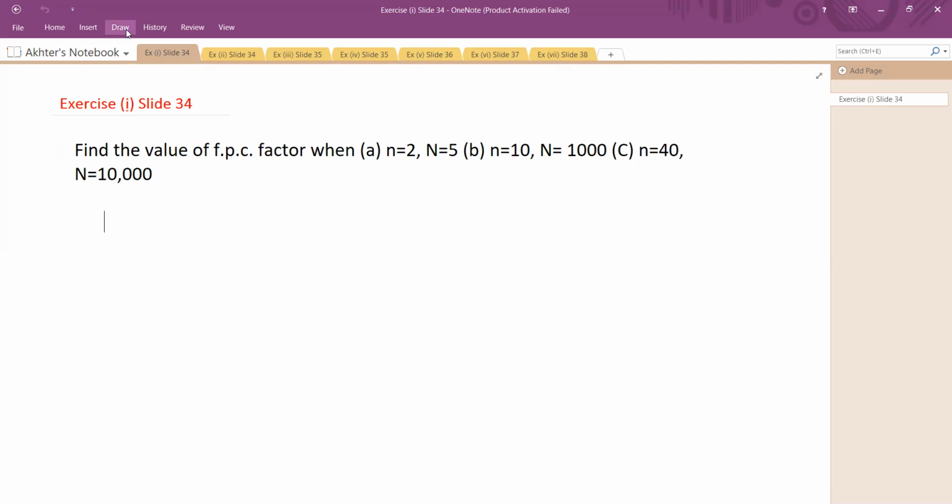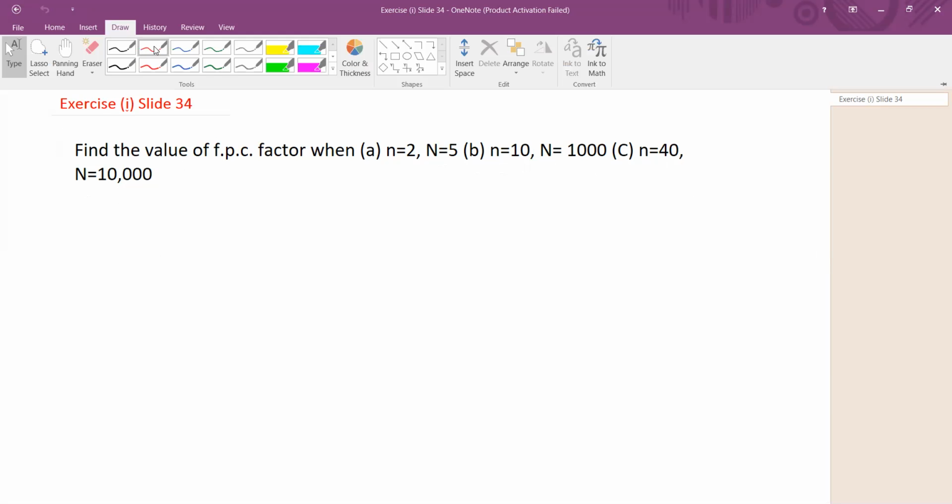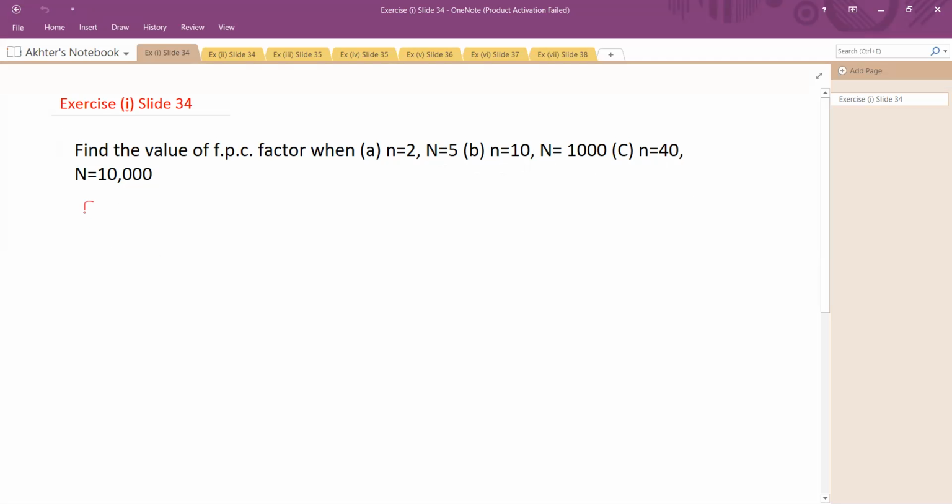The formula of FPC is FPC is equal to (N minus n) divided by (N minus 1).